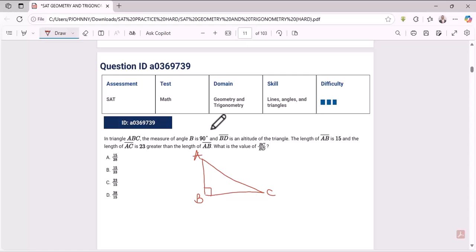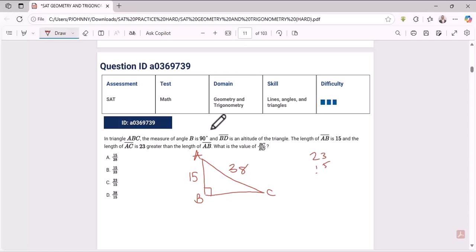So the length of AB is 15, and the length of AC is 23 greater than the length of AB. So 23 greater than the length of AB, what's that going to give us? So 23 plus 15, so this is 38.